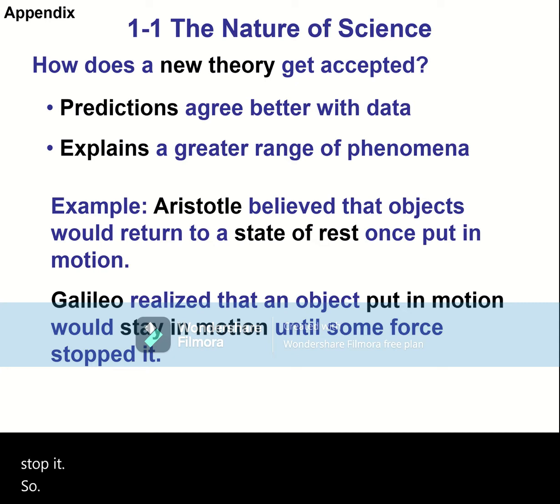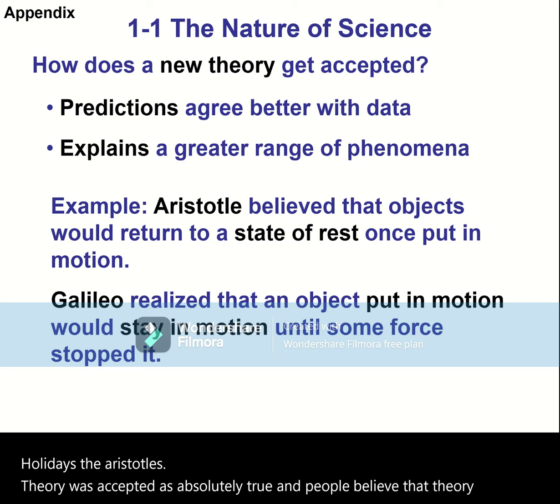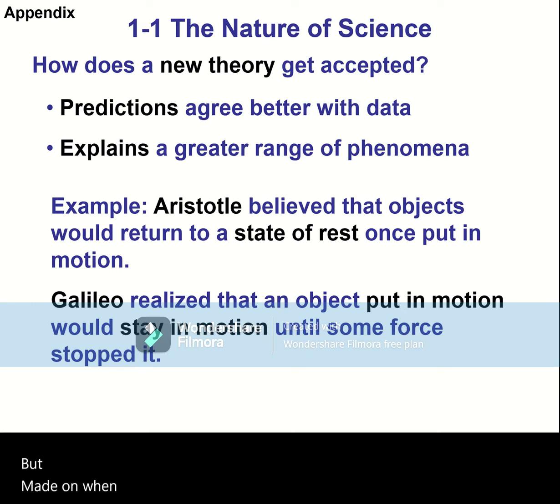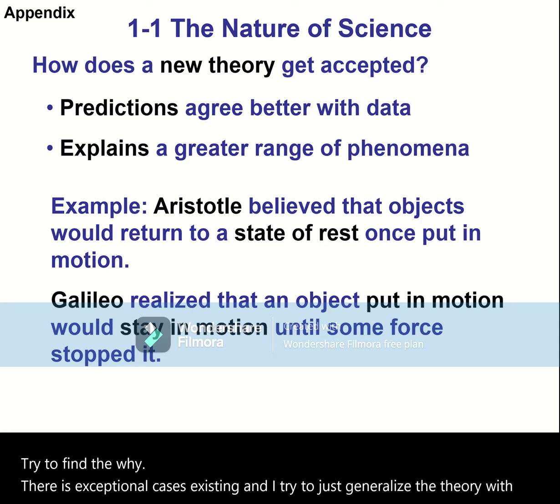In the early days, Aristotle's theory was accepted as absolutely true, and people believed that the theory is always true. But later on, when people found errors in that theory, exceptional cases were found, and they tried to find out why these exceptional cases exist, and then tried to generalize the theory with a more standard model.